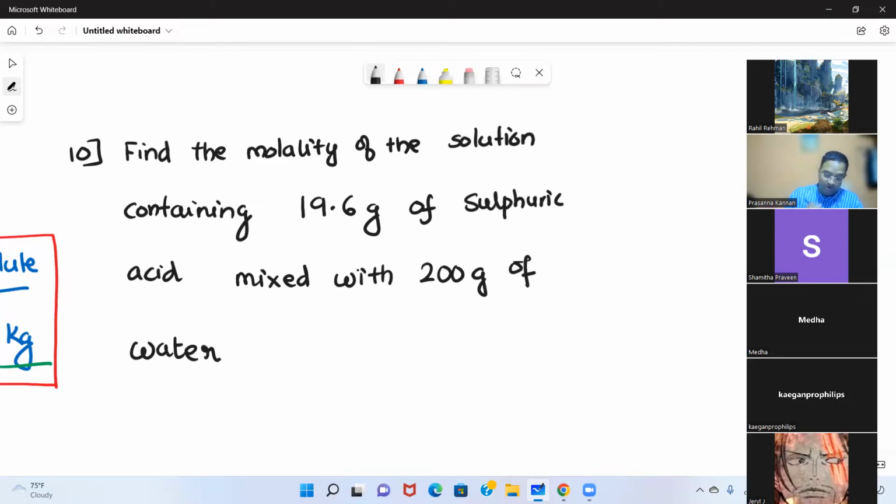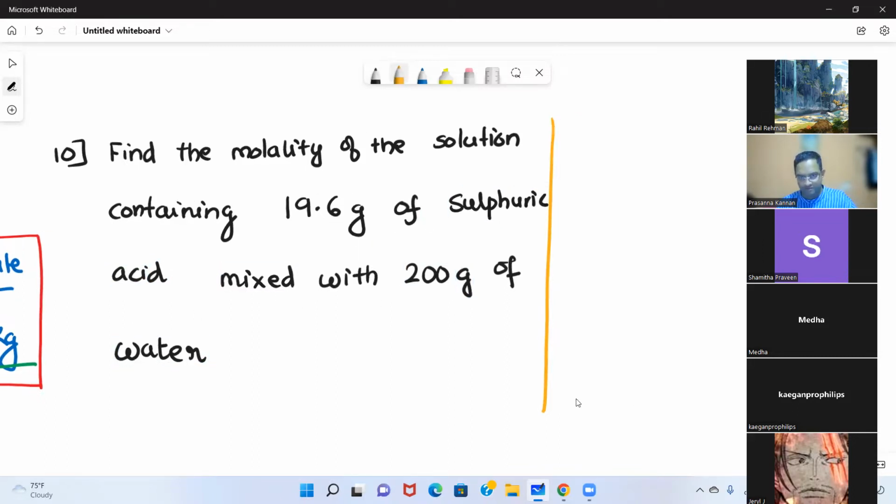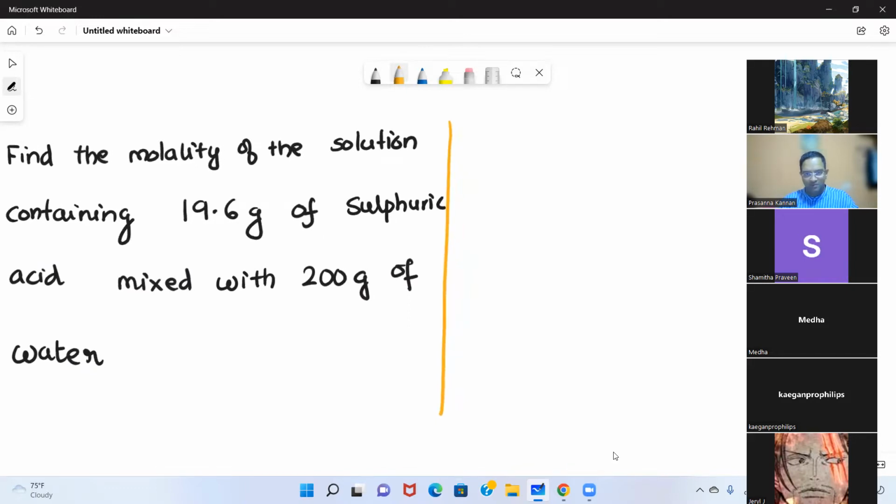See, in case of water, they can give you 200 grams or 200 ml. Density of water is 1 gram per cc. Therefore, 200 gram or 200 ml I give, no difference. You must be able to understand that. So find the molality of a solution containing 19.6 grams of sulfuric acid when it is mixed with 200 gram of water. So let's find out the molality.